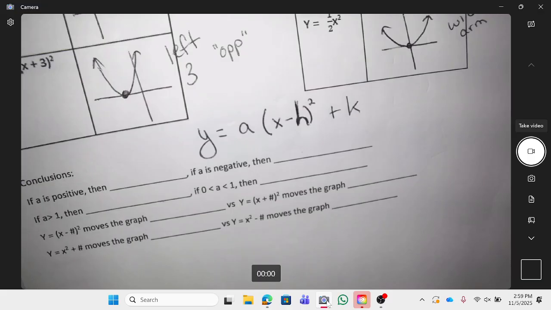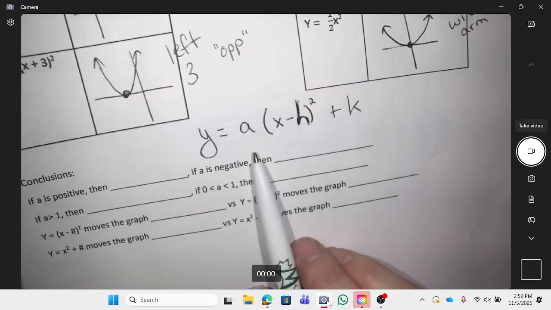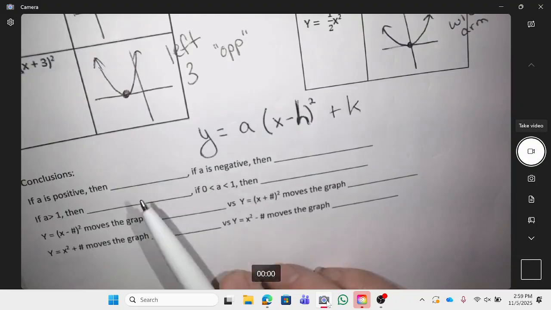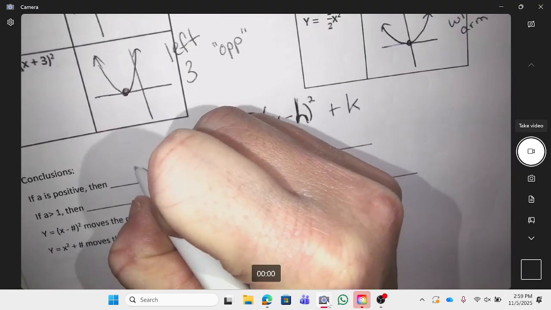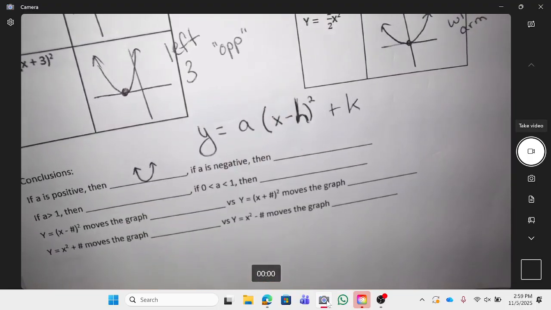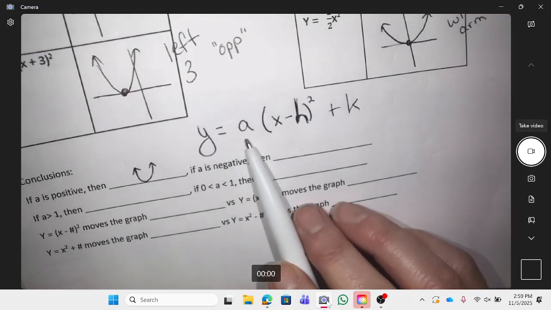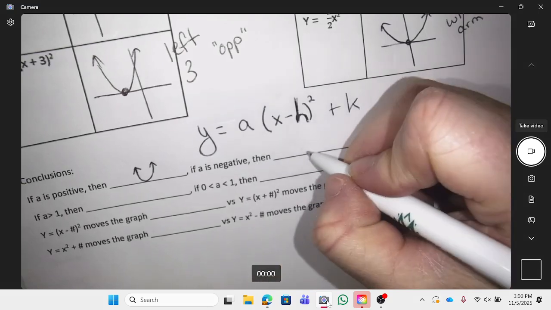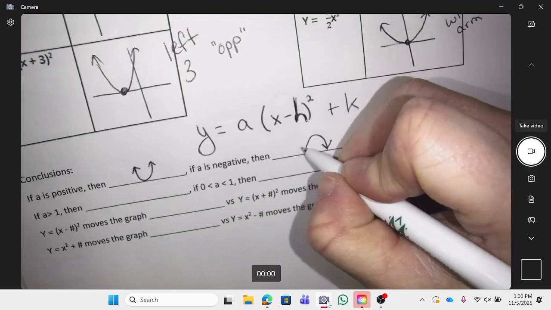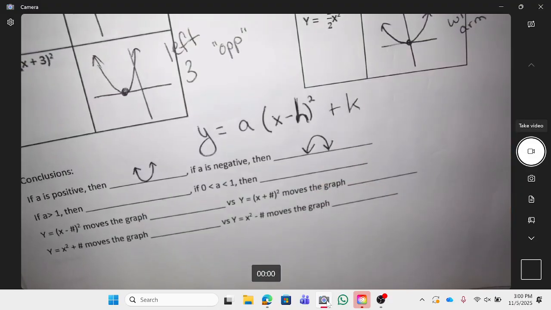Okay, so here's what I know. If this number in the front is positive, it will cause my parabola to stay opening upward like that. But if I multiply it by a negative number, guess what's going to happen to my shape? Remember that? Causes that to happen.